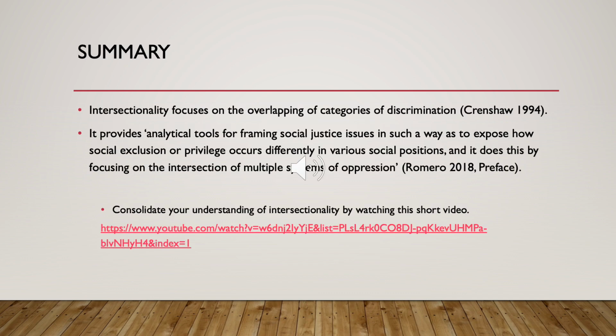To summarize this short lecture on intersectionality, let me leave you with these two statements. First, intersectionality focuses on the overlapping of categories of discrimination, and this is from Crenshaw 1994.